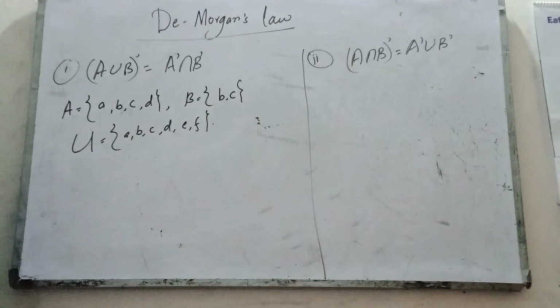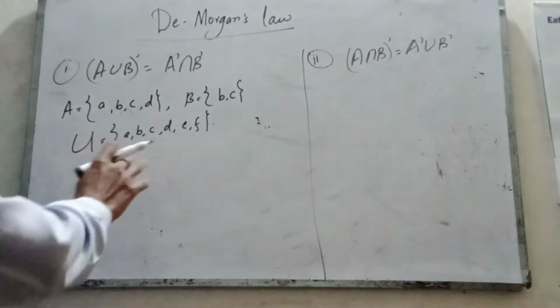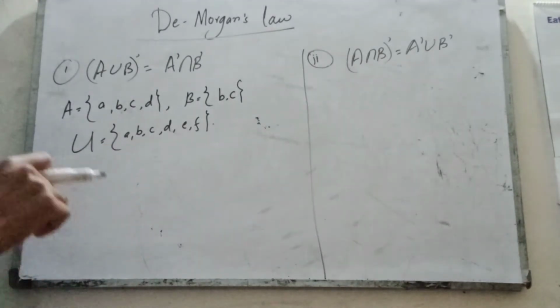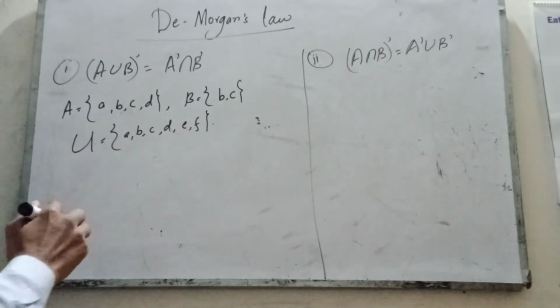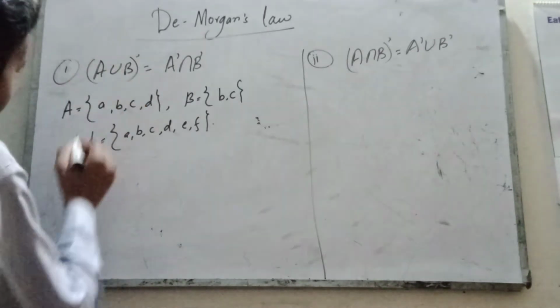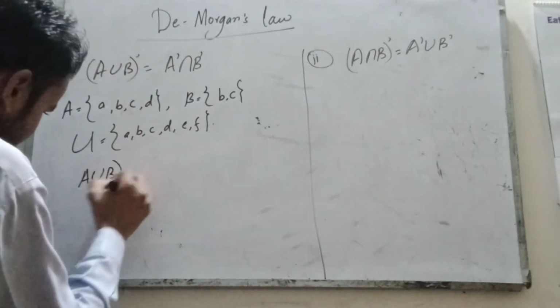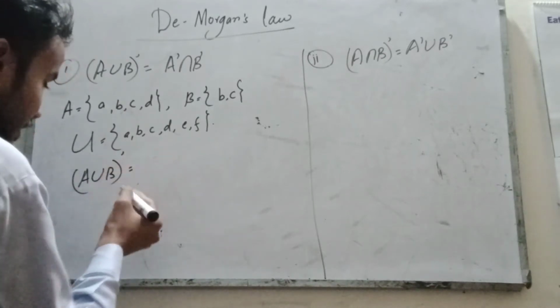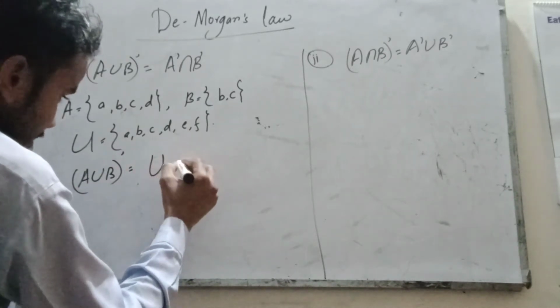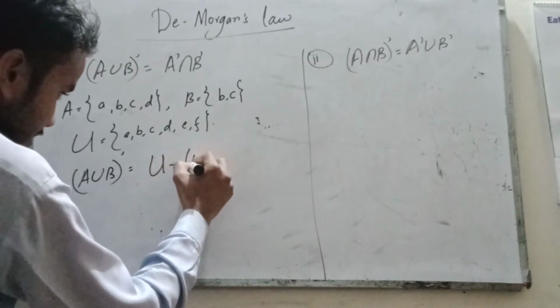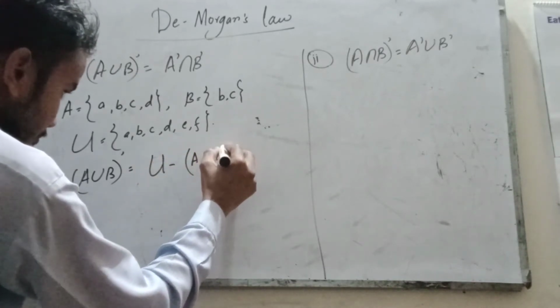When we are going to find the complement, always remember the sets other than the universal set will be subsets of the universal set, because it is necessary for the complement. So taking the left hand side, (A union B) whole complement, we can write this as U minus (A union B).